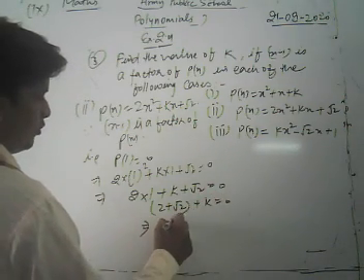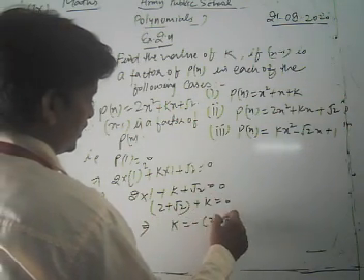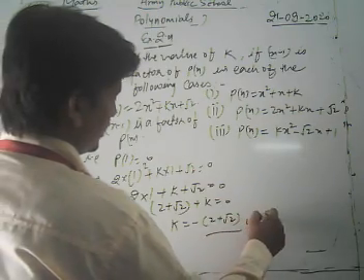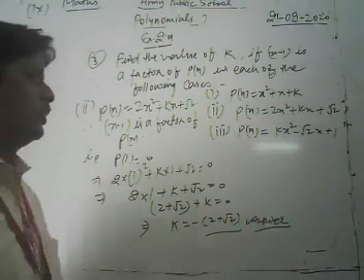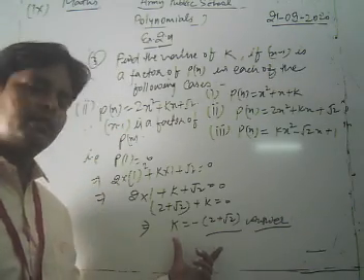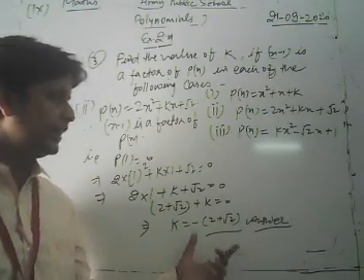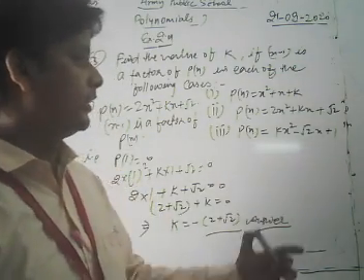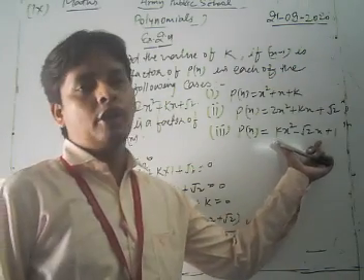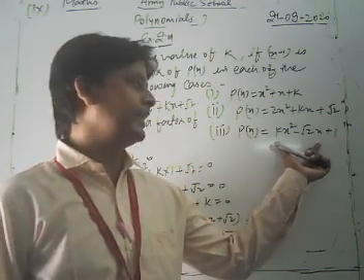Thus the value of k is equal to minus 2 minus under root 2. This is our required answer. This is one of the most important questions of your NCERT exercise. Dear students, similarly we take and solve the next part of this question.